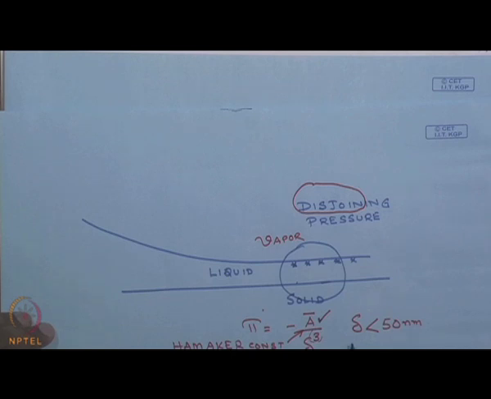Now, this classification, where the dependence changes from delta to the power -3 to delta to the power -4, is slightly arbitrary, but it has been shown experimentally that the measured values of disjoining pressure change from the delta to the power -3 dependence to -4 dependence around the value of 50 nanometers.